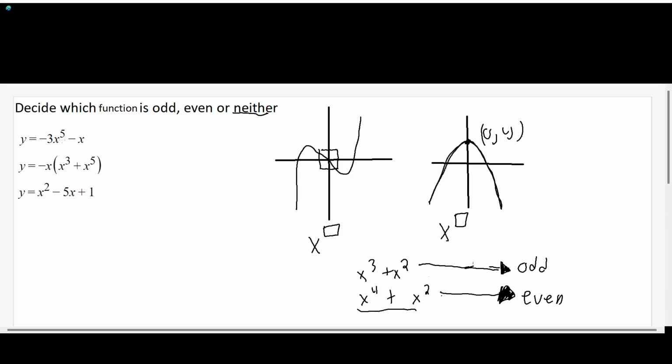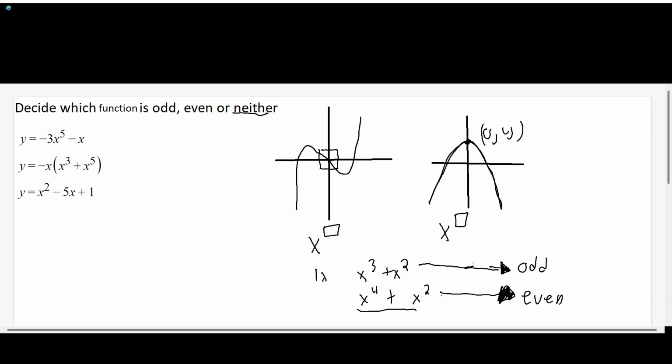So let's take a look at the first one. What we notice is negative 3x to the power 5 minus x. The reason why that matters is the biggest integral power could be 10, 100, 1000, whatever. It could go on forever.